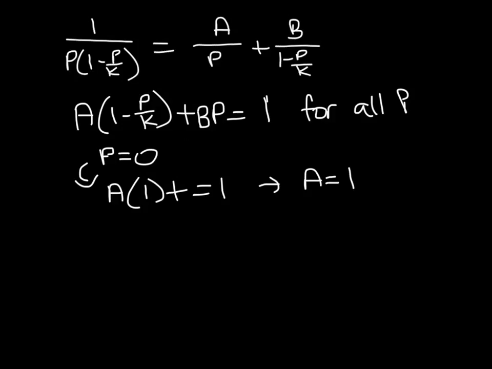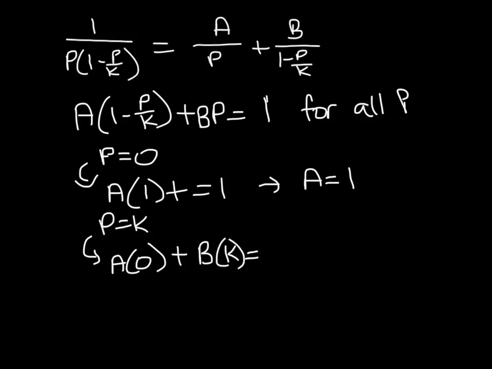And then if I plug in P equals K, then I get that A times (1 minus K over K), or just A times 0, plus B times K equals 1, which tells us that B equals 1 over K.